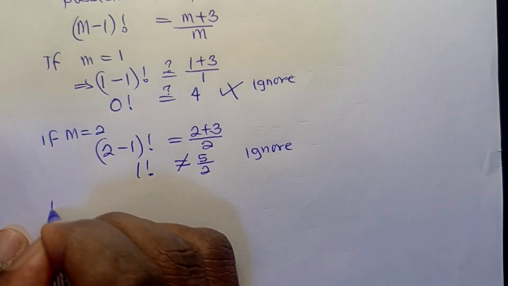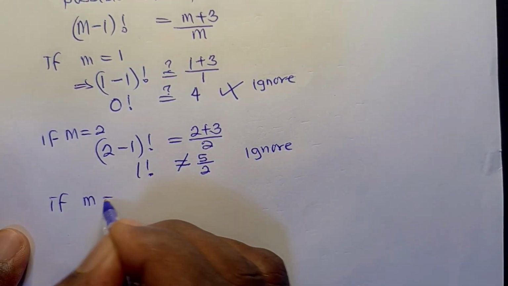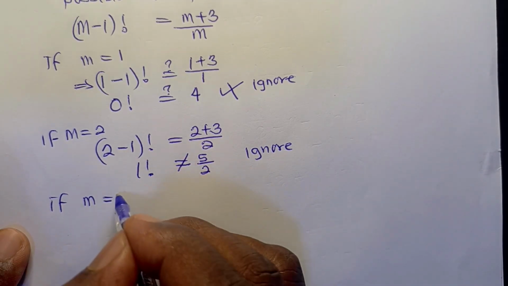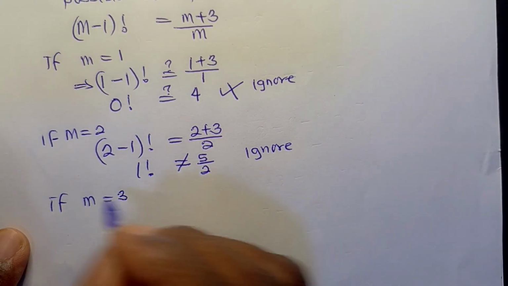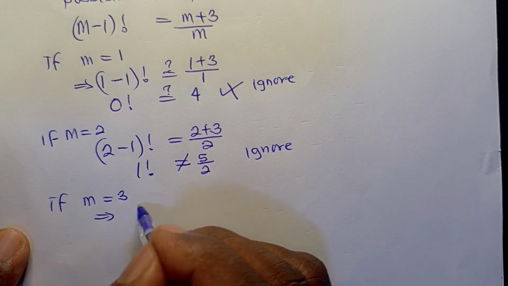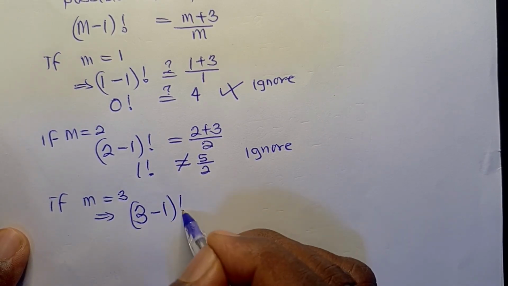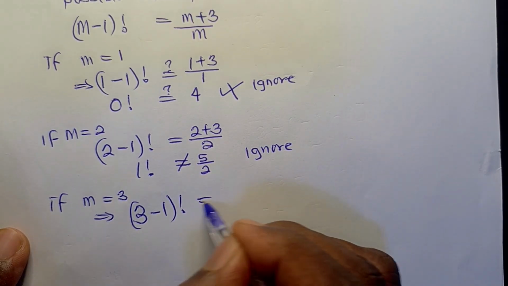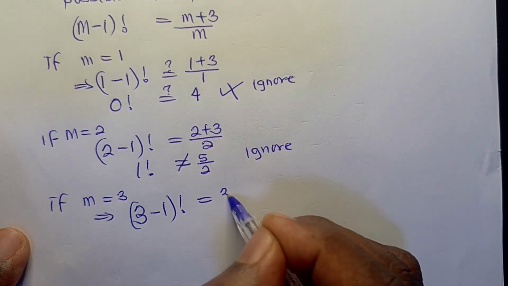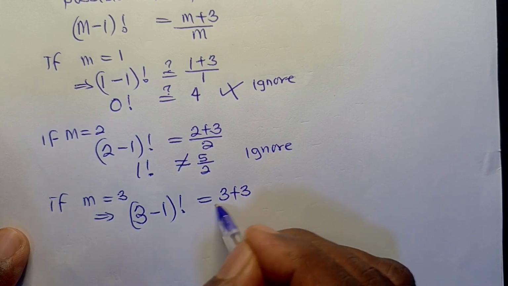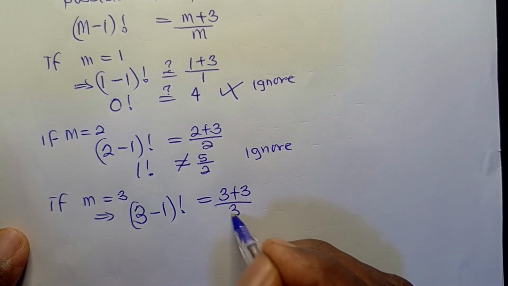Then we see if m is equal to 3. It implies that we have (3 minus 1) factorial equals (3 plus 3) divided by 3.